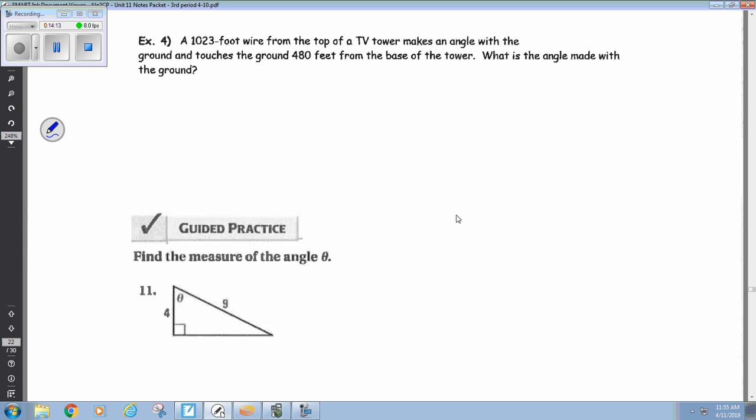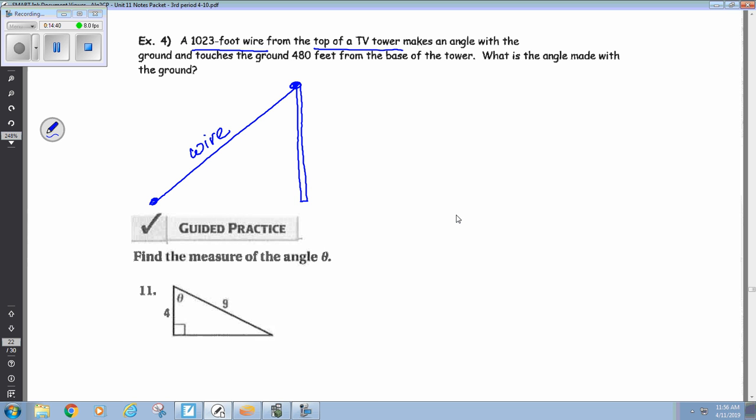So, first step to a word problem is always read it. A 1,023-foot wire from the top of a TV tower. So, here's a TV tower, and you have a wire from the top of the TV tower going to the ground and touching the ground. So there's your wire.